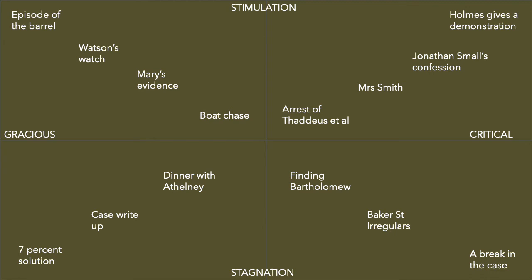The other moment is when he has dinner with Athelney Jones and Watson. So this is after he's dressed up as the old sailor. He's in very high spirits. And again, having been quite critical of Athelney Jones before, he's quite friendly towards him, and he is happy to cook him dinner. He serves him wine, and apparently he has a great old time talking about all kinds of things.